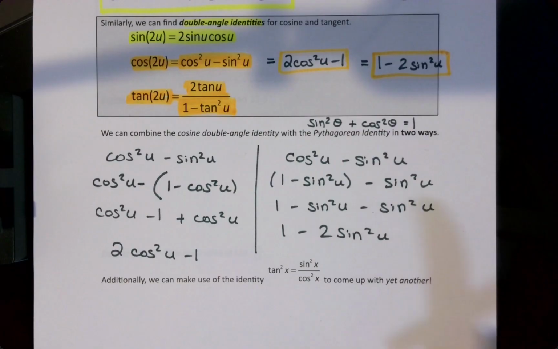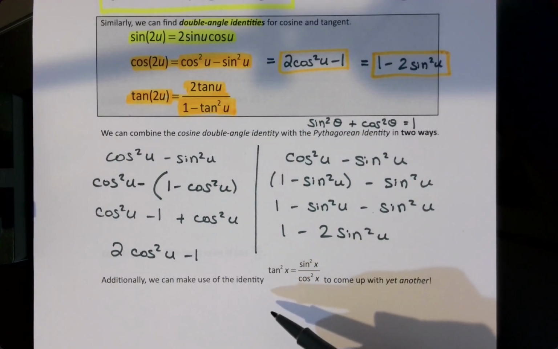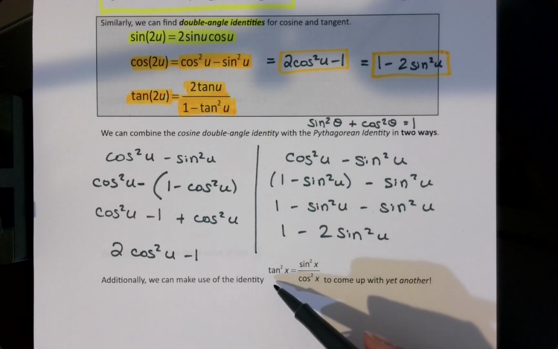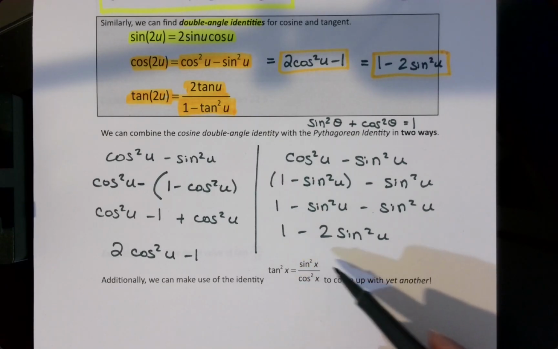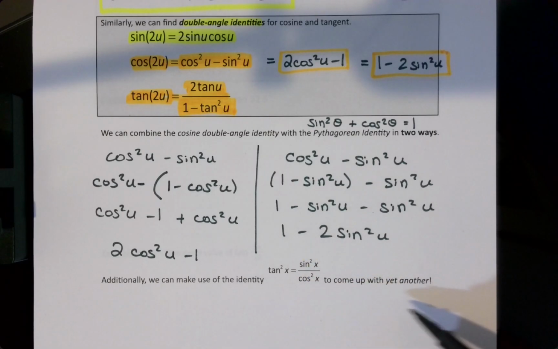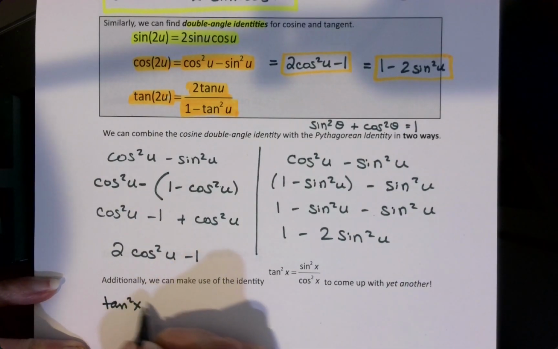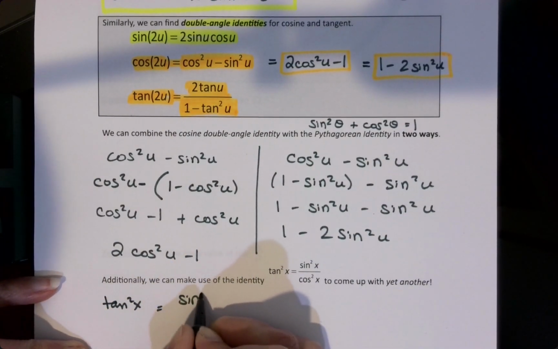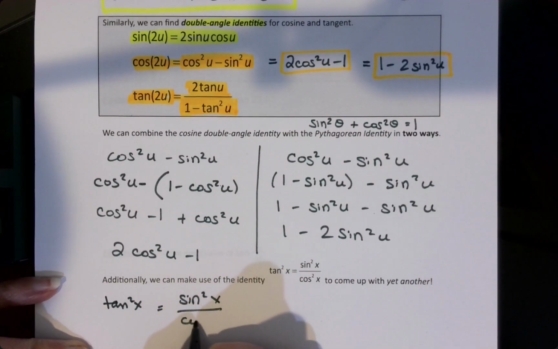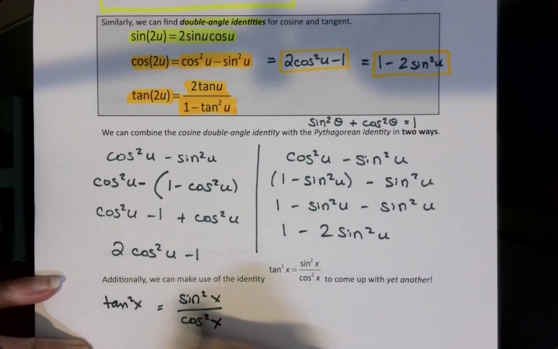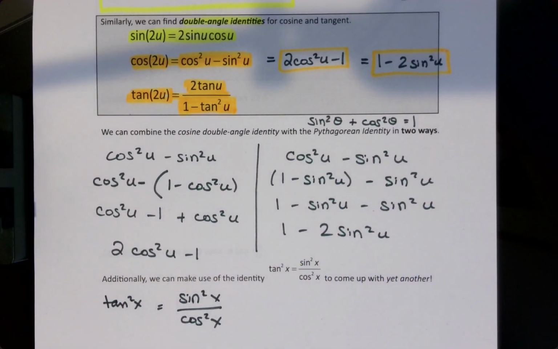All right, so let's move on. Additionally, we can make use of the identity tan squared x equals sine squared x over cosine squared x to come up with yet another. So we know tan squared x is equal to sine squared x over cosine squared x. We want to use what we just got up here and do some substituting.